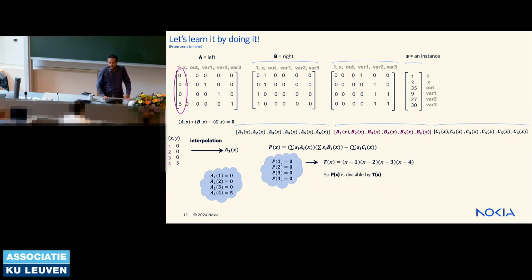You agree that p is divisible by t? True? It's true, right? Because if you put these points on it, this polynomial is going to be 0. So it's divisible. Simple, no reaction. So perfect.